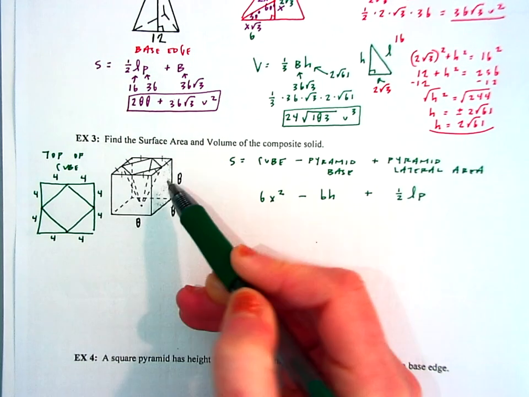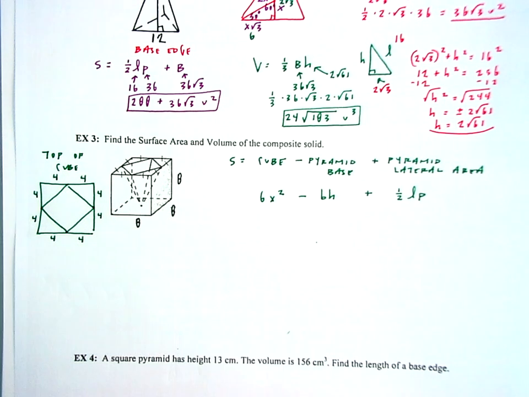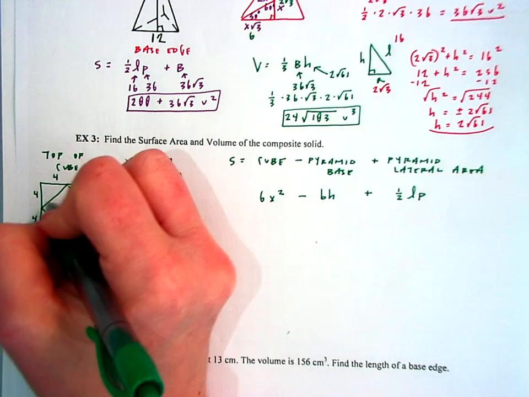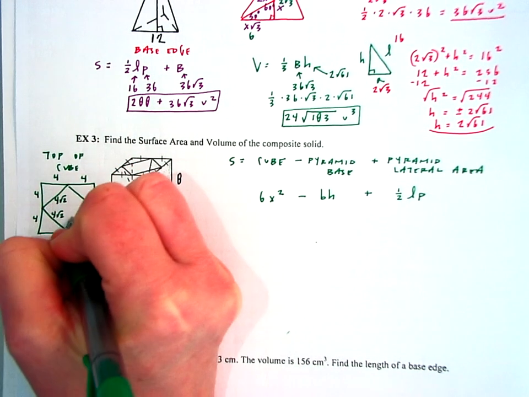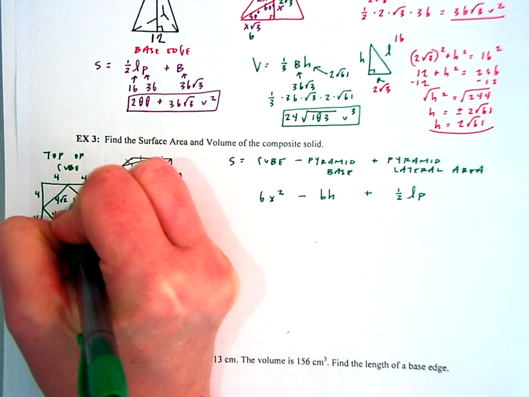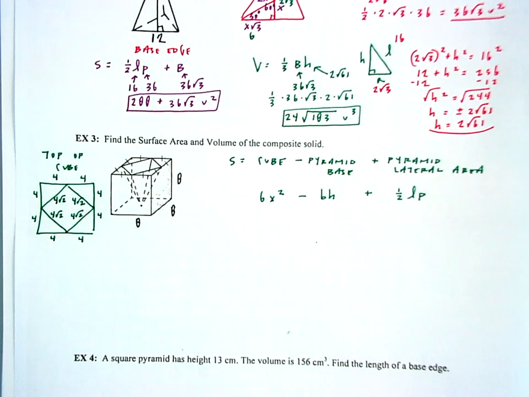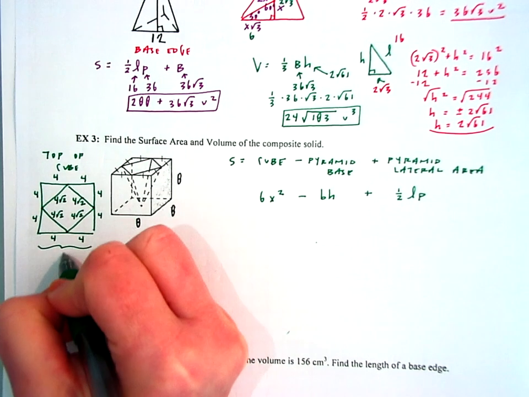Because each full side has to be 8. So then I see, oh, I have all of these 45, 45, 90 triangles, or isosceles right triangles, where all of these have to be 4√2. Okay, so again, this whole part was 8.